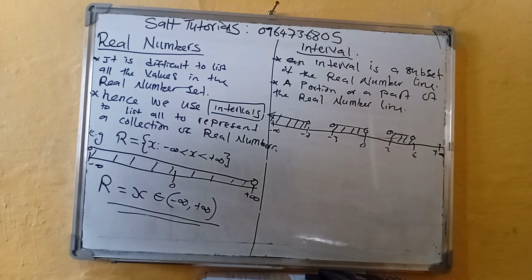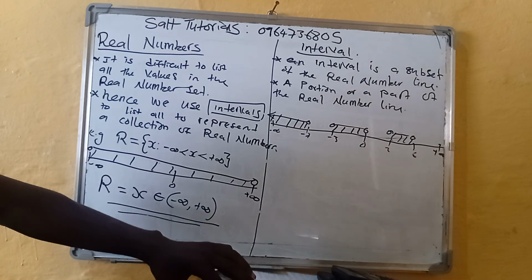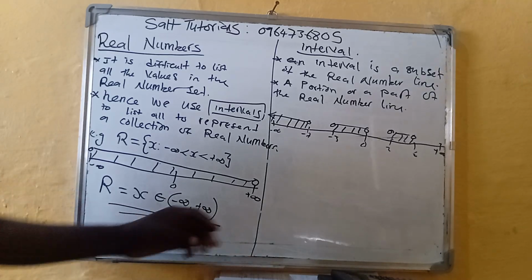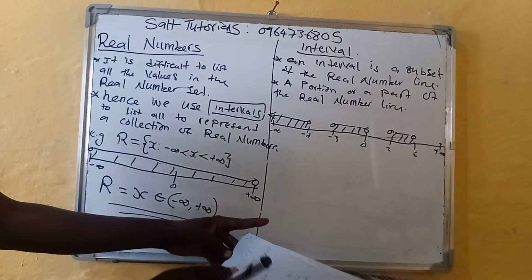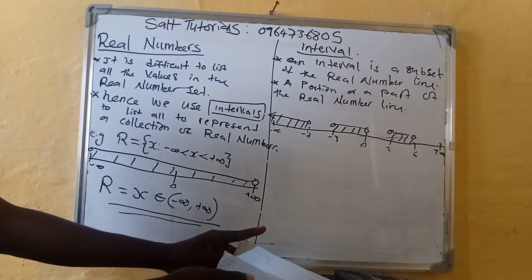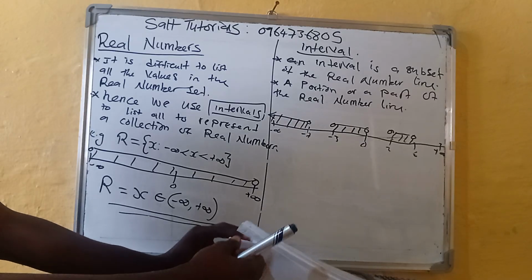How basically am I going to represent these intervals? This is what we're going to look at in this period or this time.